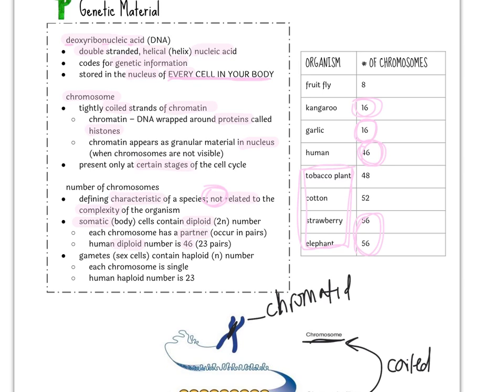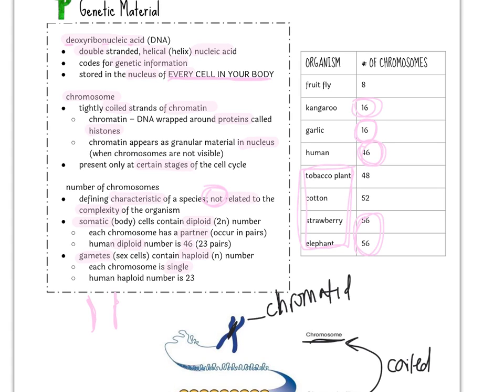It's different though for our gametes or our sex cells. So your gametes contain the haploid number. Haploid or half. So in the haploid number, each chromosome is single. So instead of seeing them looking like this, instead of that being the chromosome made of 2 chromatids, you just see one set or one side of it, and it kind of just looks like that.